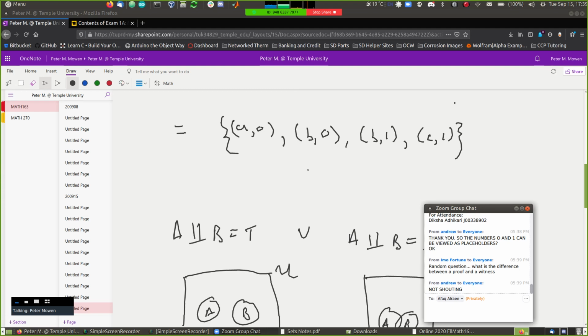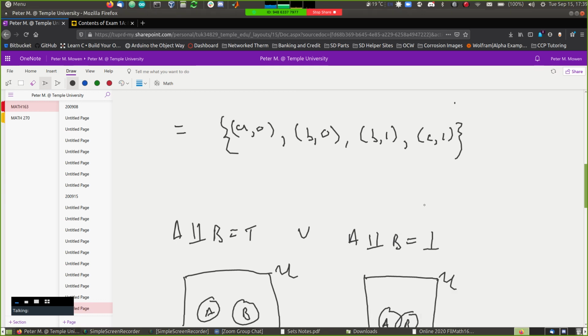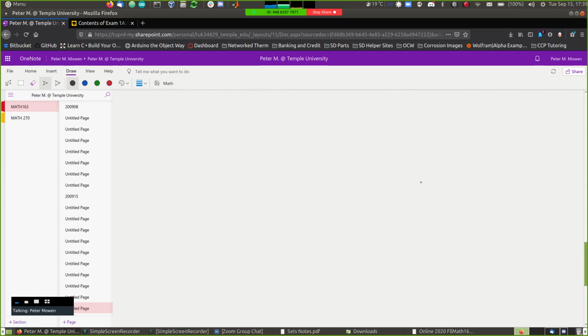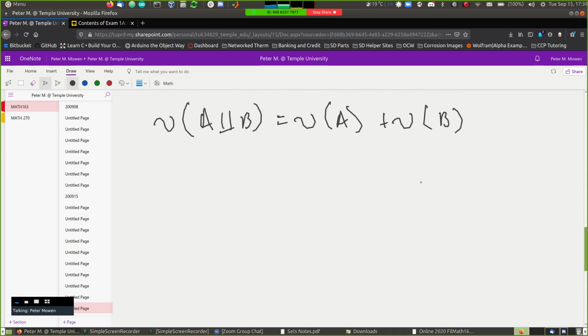What's the difference between a proof and a witness? I think I saw somebody in the Discord had a pretty good explanation for this. Think of it like a trial where you're trying to prove something true or false, and the prosecutors are trying to build a case to show that whatever they're prosecuting is true.